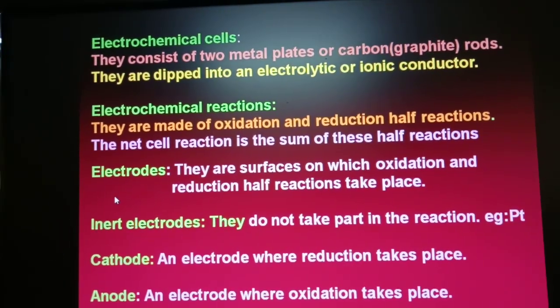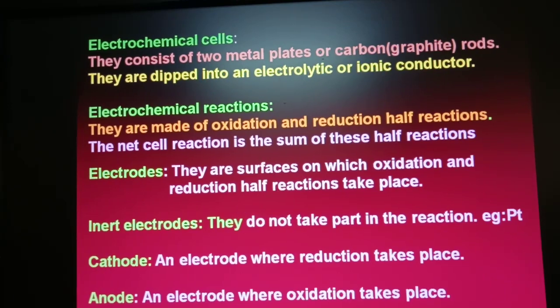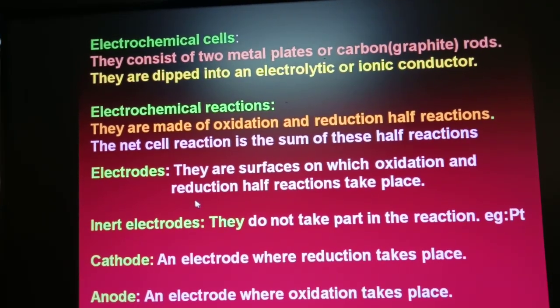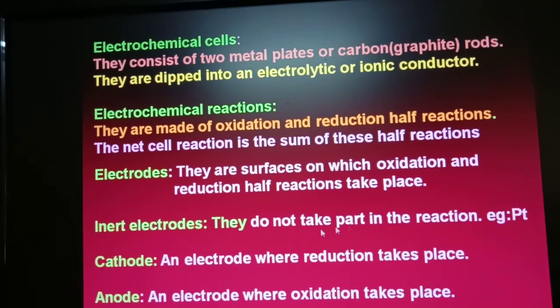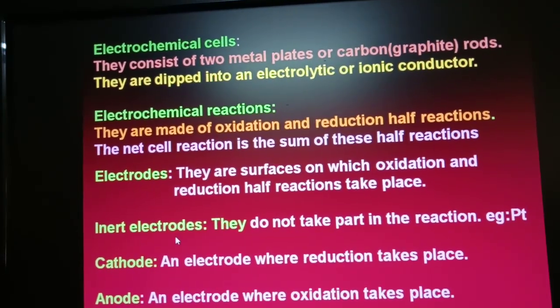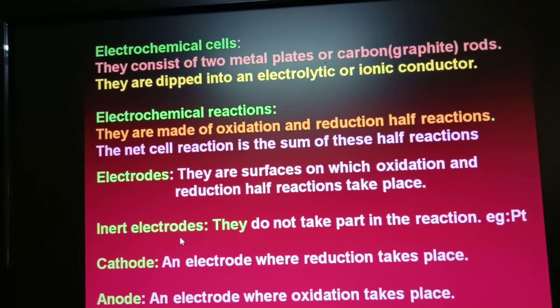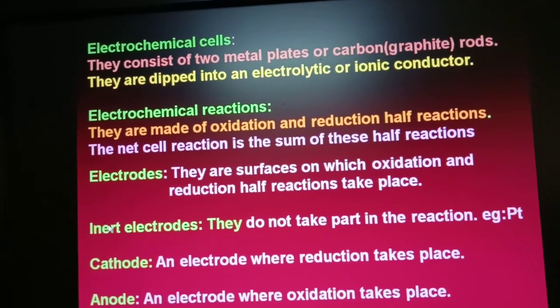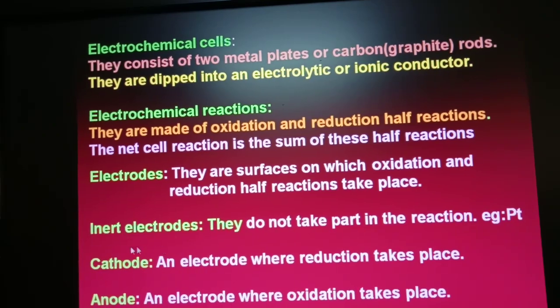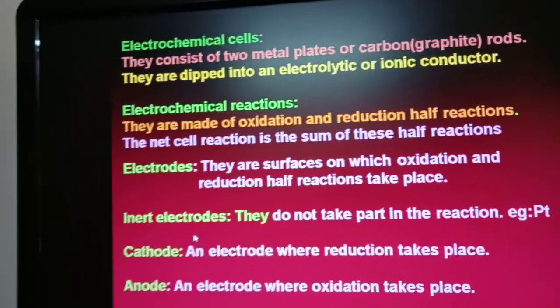Now what are electrodes? They are surfaces on which oxidation and reduction half reactions take place. Another type of electrodes are inert electrodes. These electrodes are generally used to provide electrical contact for gas electrodes. They do not take part in the reaction.